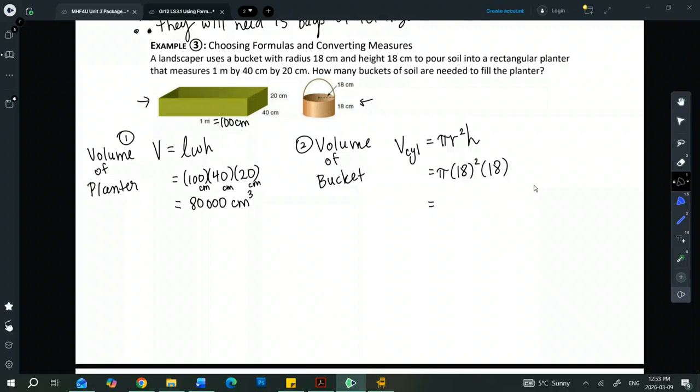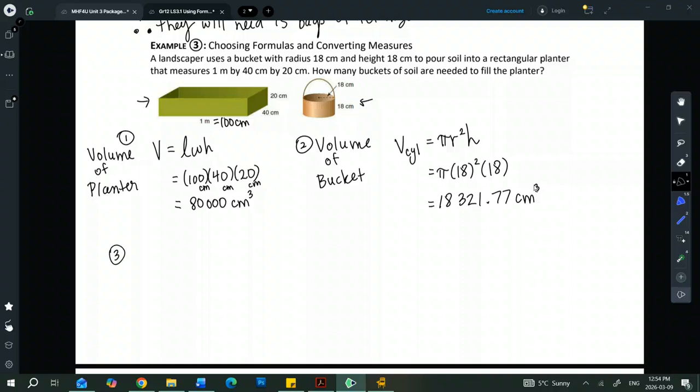We can just plug it all in at once, that's fine. Great. And we'll round to the nearest hundredth here, and this is still volume, so centimeters cubed.